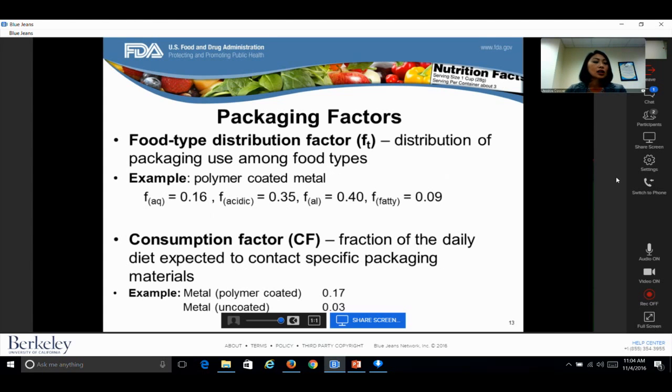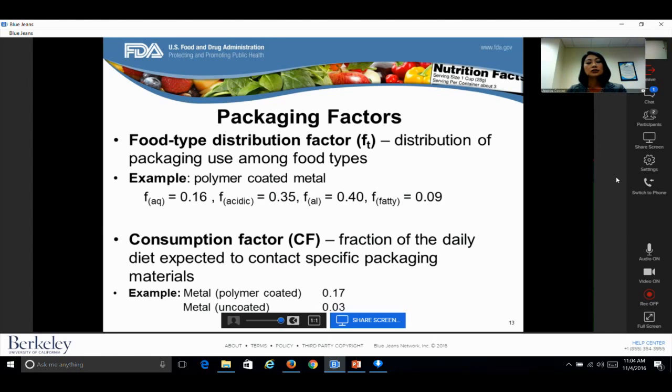So let me talk a little bit about the packaging factors that are used. We have two different types of packaging factors. We have the food type distribution factor, which is the distribution of the packaging among food types. So this is taking into account the fraction of the different foods for each food type.